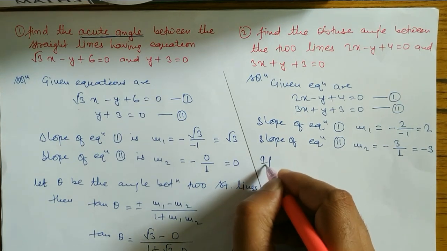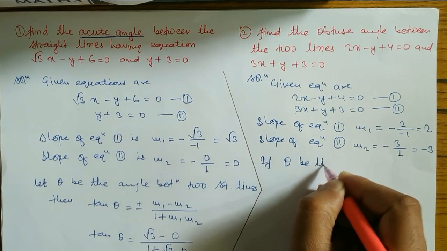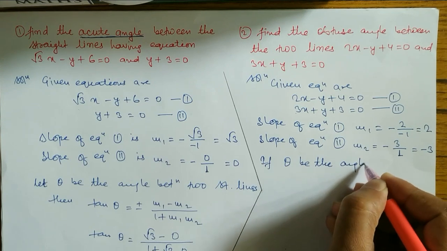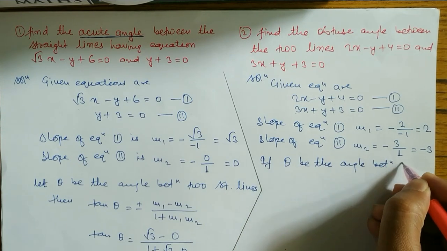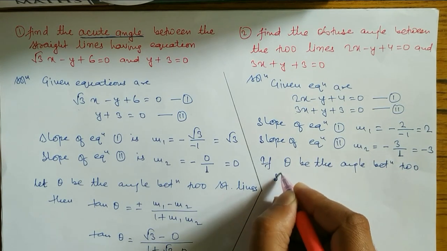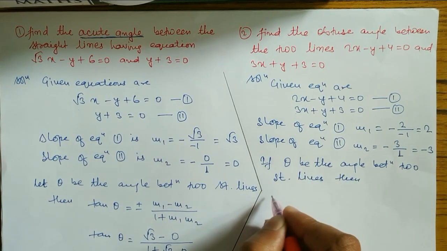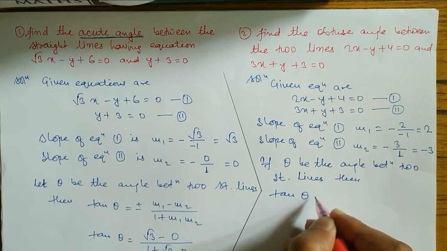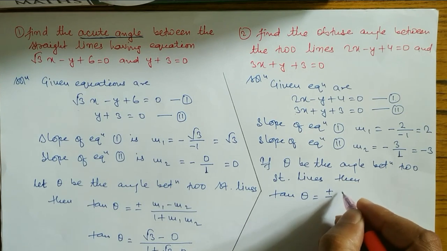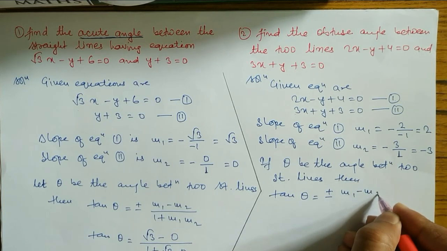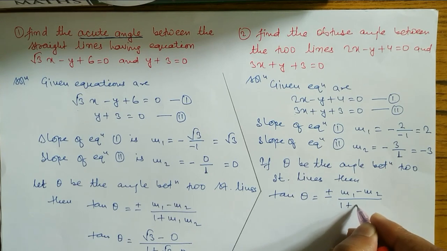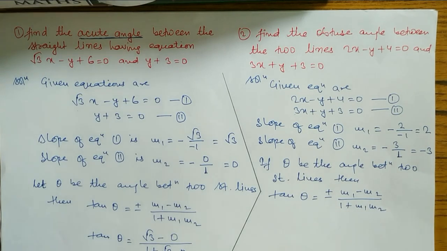Now if theta be the angle between two straight lines, then tan theta is equal to plus minus (m1 minus m2) by (1 plus m1 m2).